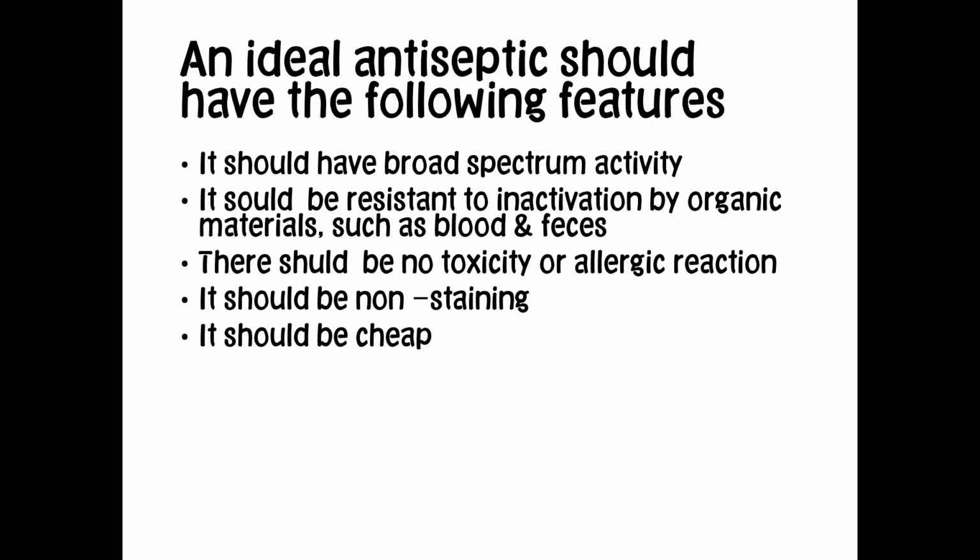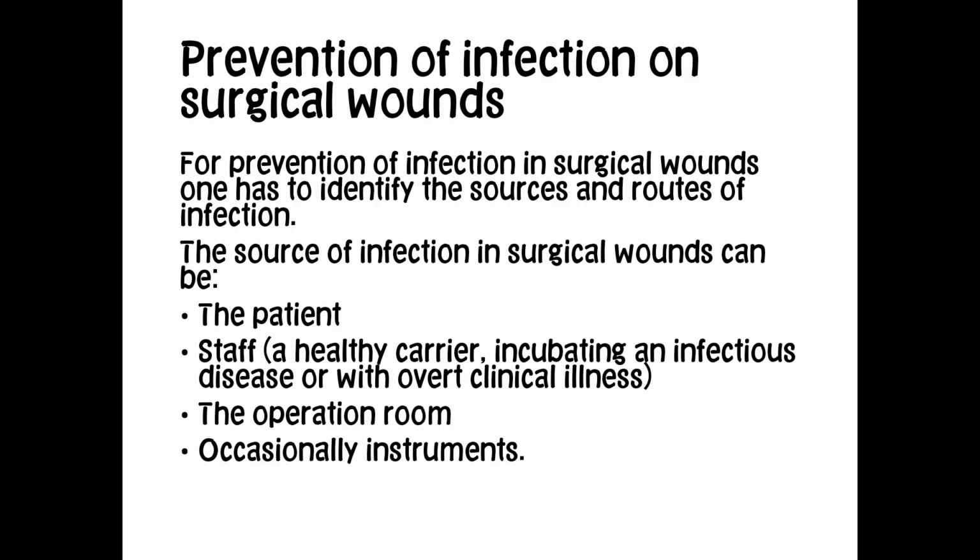It should cover gram-positive, gram-negative, and also microorganisms that have atypical staining. More so, it should be resistant to inactivation by organic materials such as blood and feces. It should be of no toxicity and should not initiate an allergic reaction in the body. It should be non-staining and should be cheap.